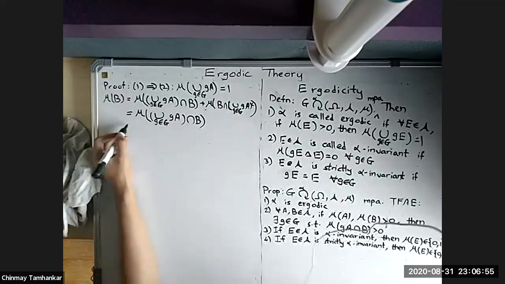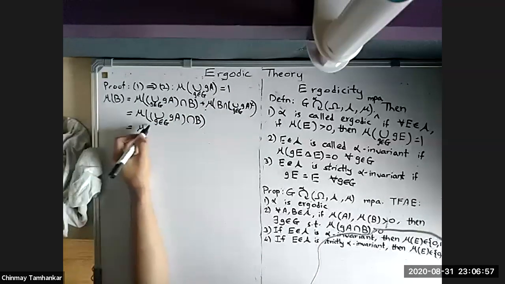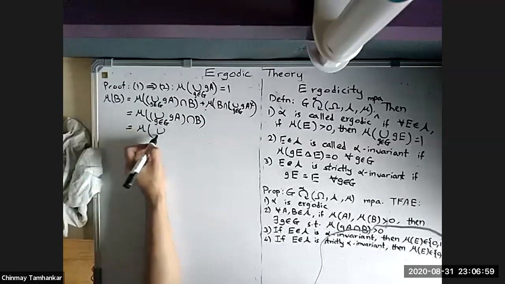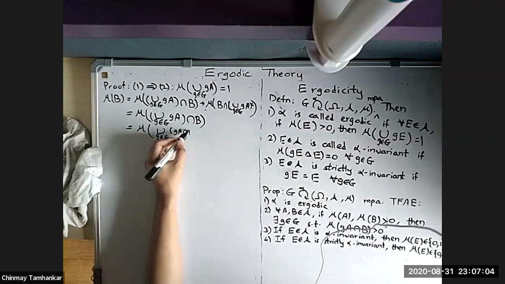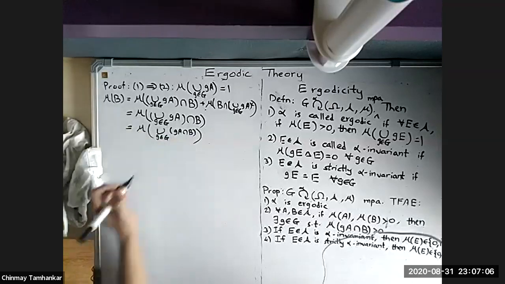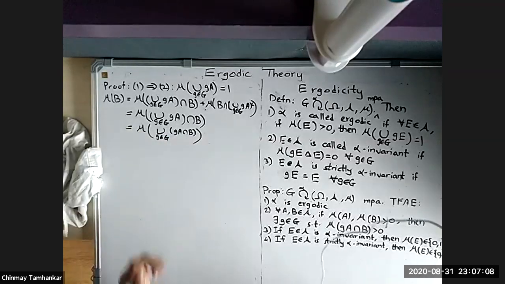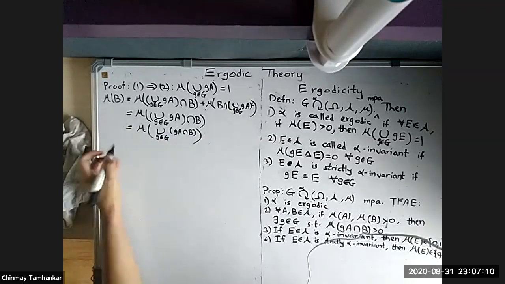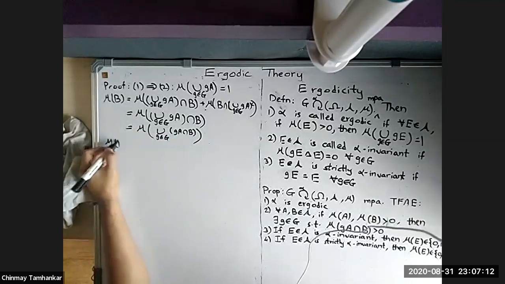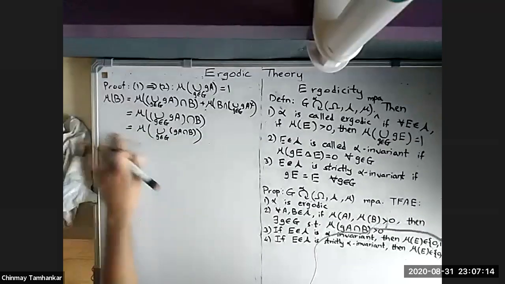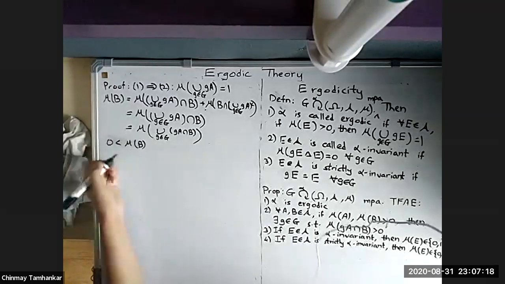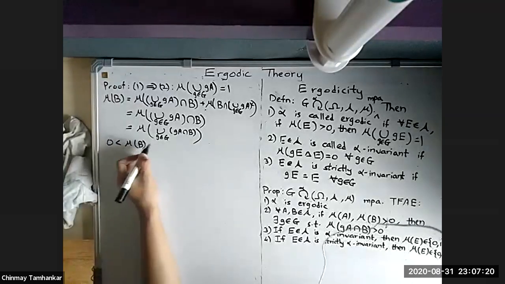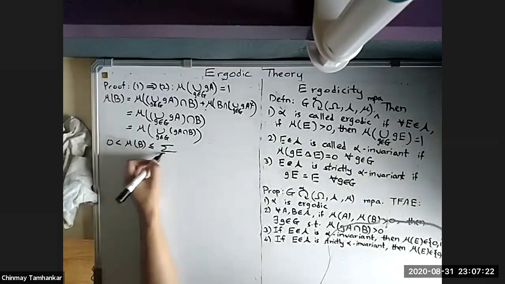We can distribute over the union. Then we have 0 less than the measure of B, which we already know is positive, is less than or equal to the summation.